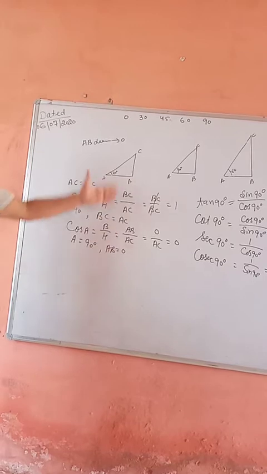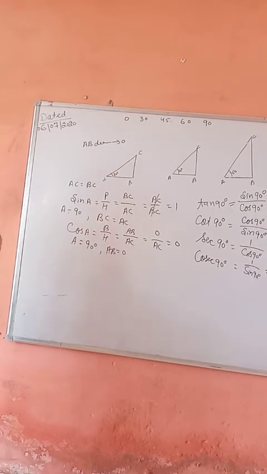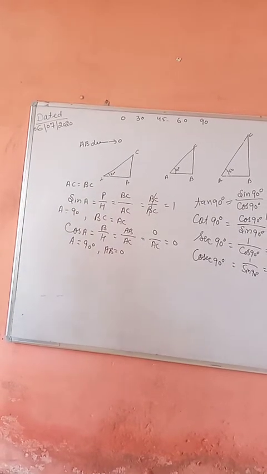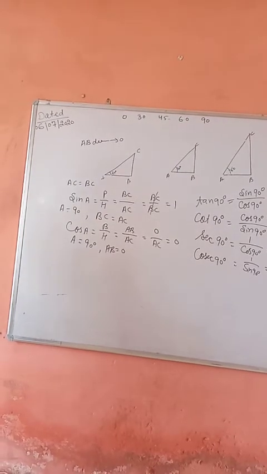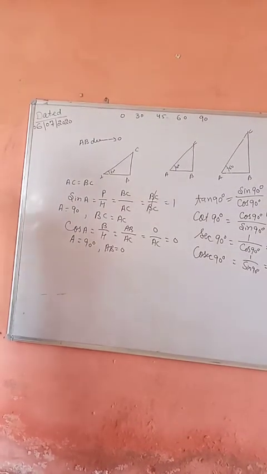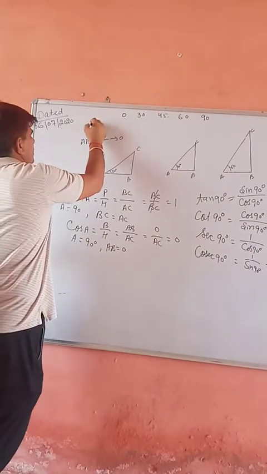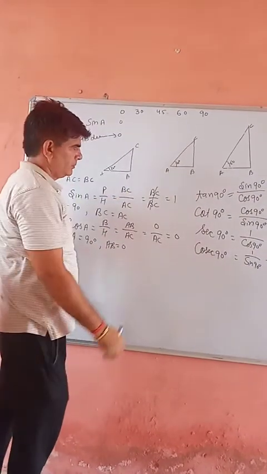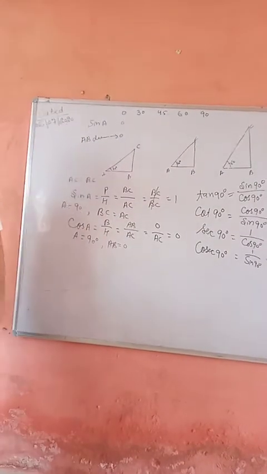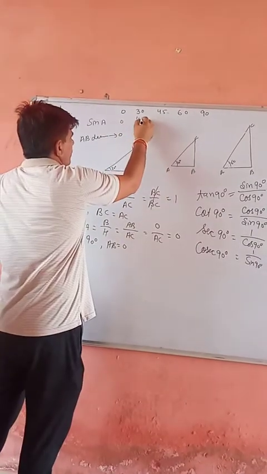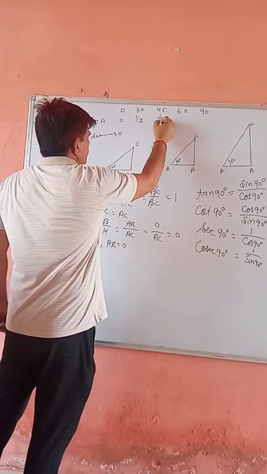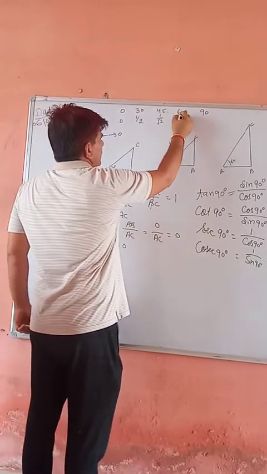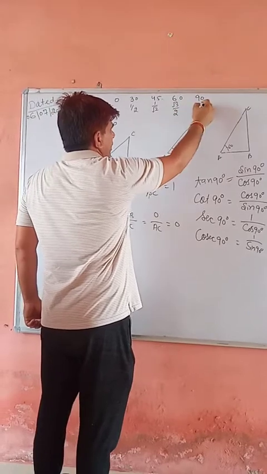After solving this, after understanding this, you can easily understand this table and easily learn. So values of sine A: sine 0 is 0, 30 degree is 1 by 2, 45 degree is 1 by root 2, this is root 3 by 2, and 90.